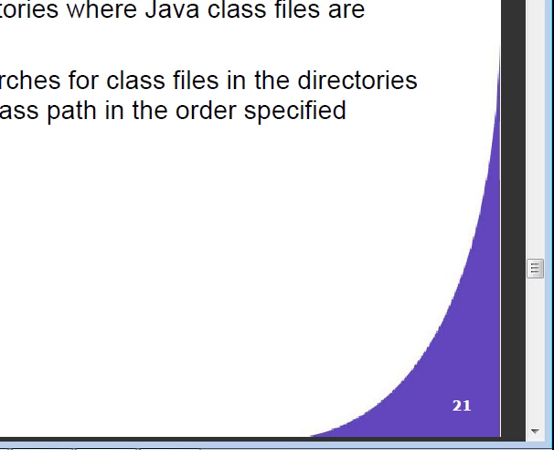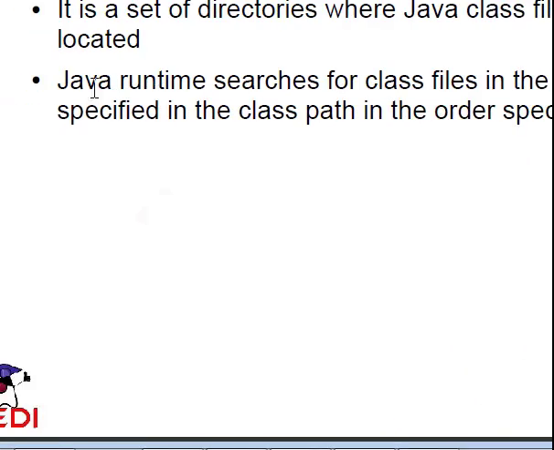If it cannot find the class in any directory specified in the class path, then it will generate an exception, a class not found exception. The Java runtime searches for class files in the directories specified in the class path in the order specified.